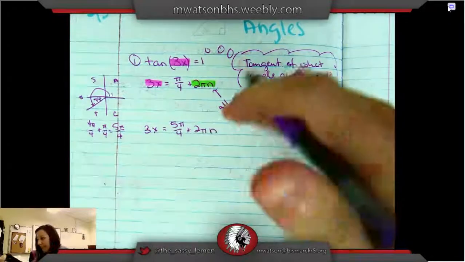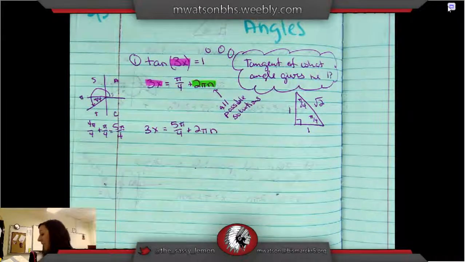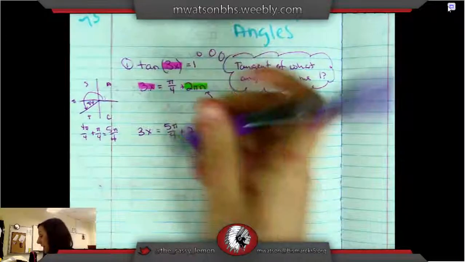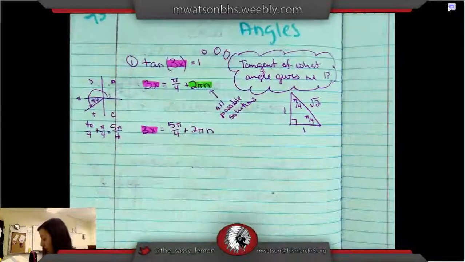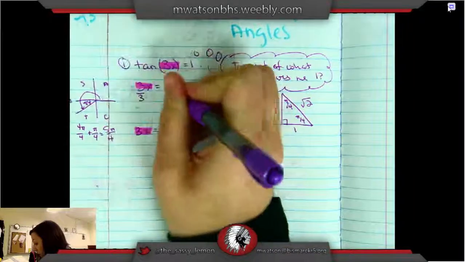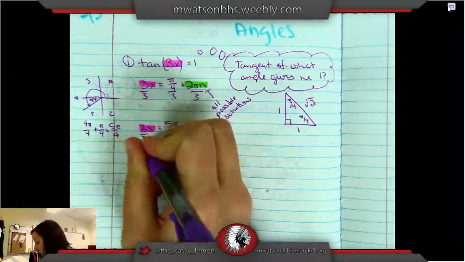And we're almost done. I mean, that's the exact same setup of what we did in the last lesson. The only thing we have to do extra is we've got to isolate x. So we're going to divide both sides of the equation by 3 in both of these equations.